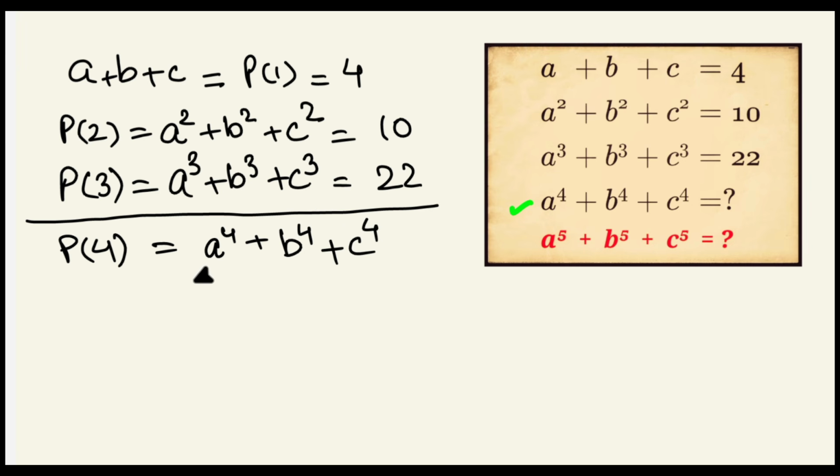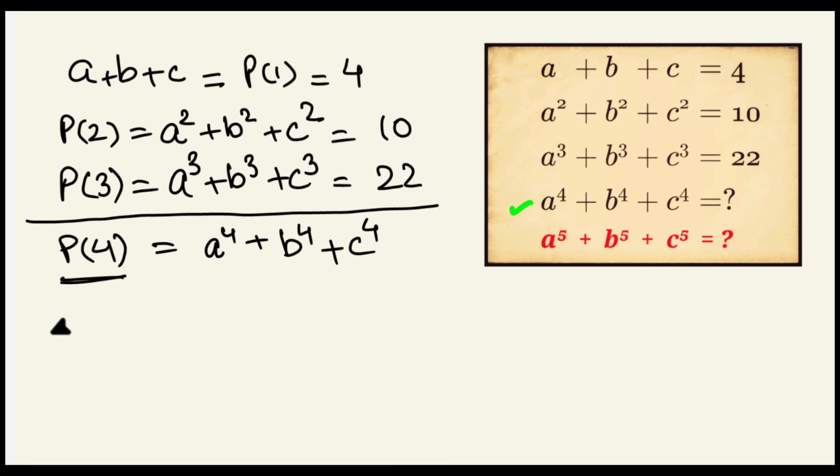Now to solve this problem we will try to find a recursive relation in which the value of the current polynomial will depend upon the values of previous polynomials. In this particular case, 3 previous polynomials. For example, the polynomial 4 will depend upon 3, 2 and polynomial of degree 1.